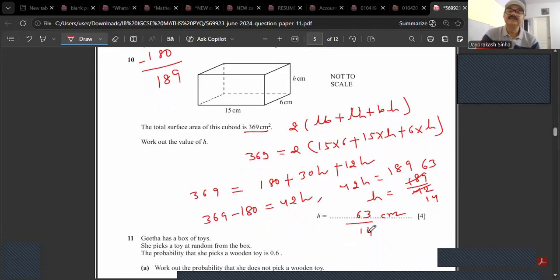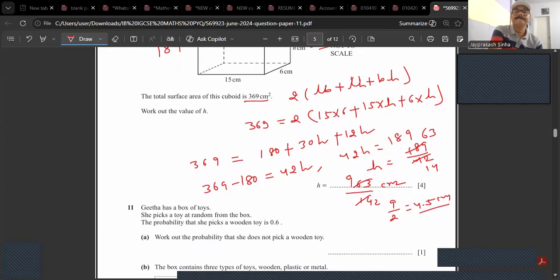In decimal, this will be cut by 7, isn't it? 7 2s are 14 and 7 9s are 63. So 9 by 2. So 9 by 2 means what? 4.5 centimeter. So H is equal to 4.5 centimeter. This is your answer.